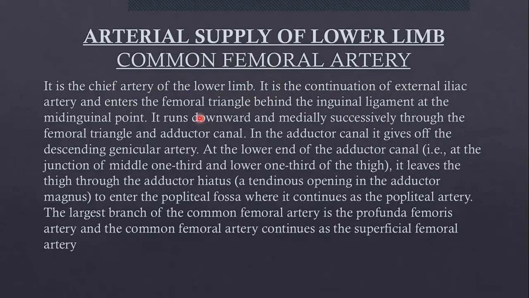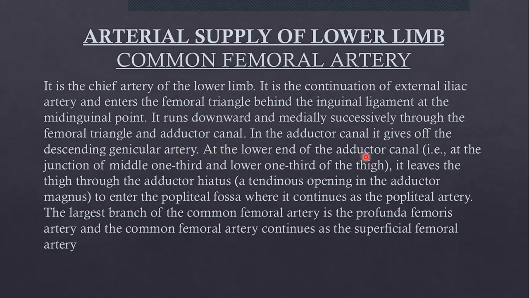Then it runs downwards and medially successively through the femoral triangle and adductor canal. In the adductor canal, it usually gives off a branch known as the descending genicular artery. And the descending genicular artery will give you two branches, the saphenous branch and the articular branch, sorry.